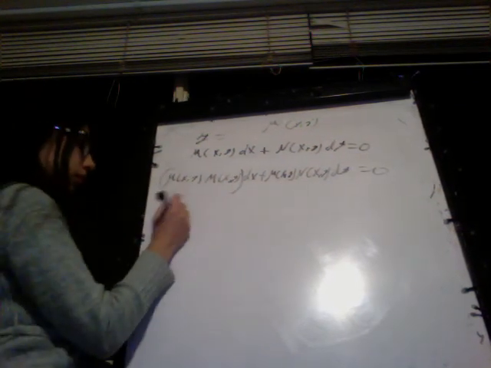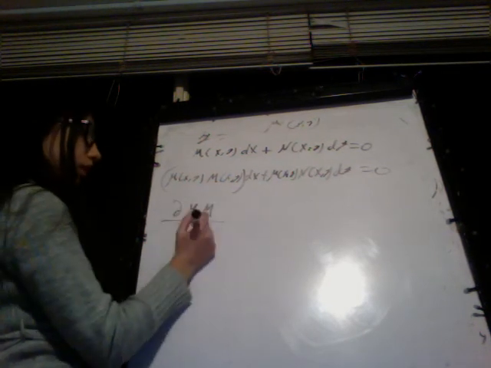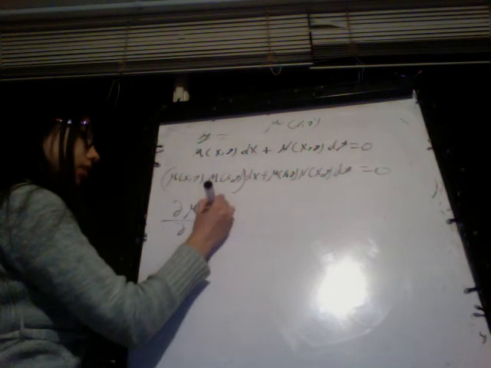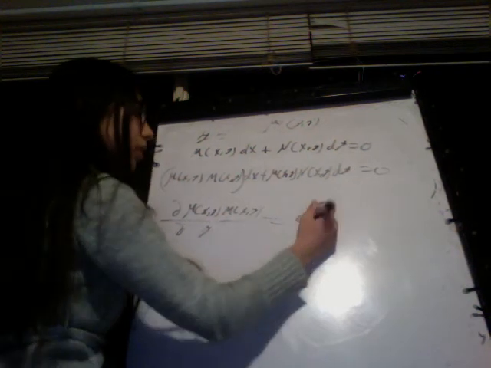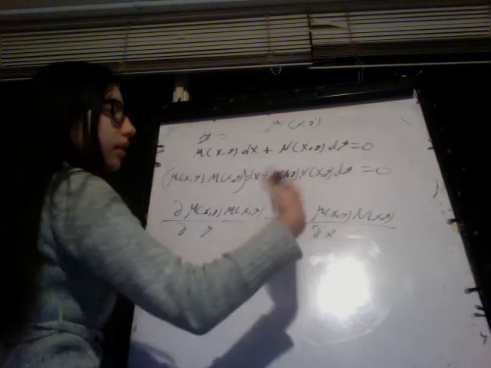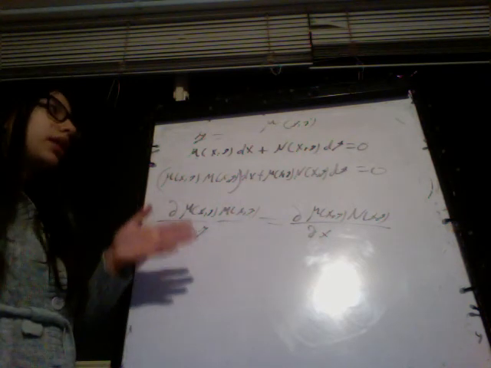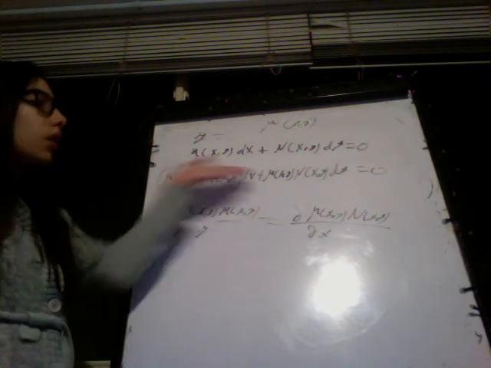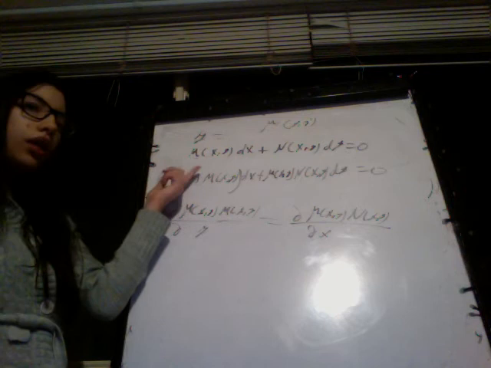So we have the partial derivative of mu(x,y) M(x,y) with respect to y equal to the partial derivative of mu(x,y) N(x,y) with respect to x. We assume that there is an integrating factor that will make this differential equation exact, and we are trying to find it.